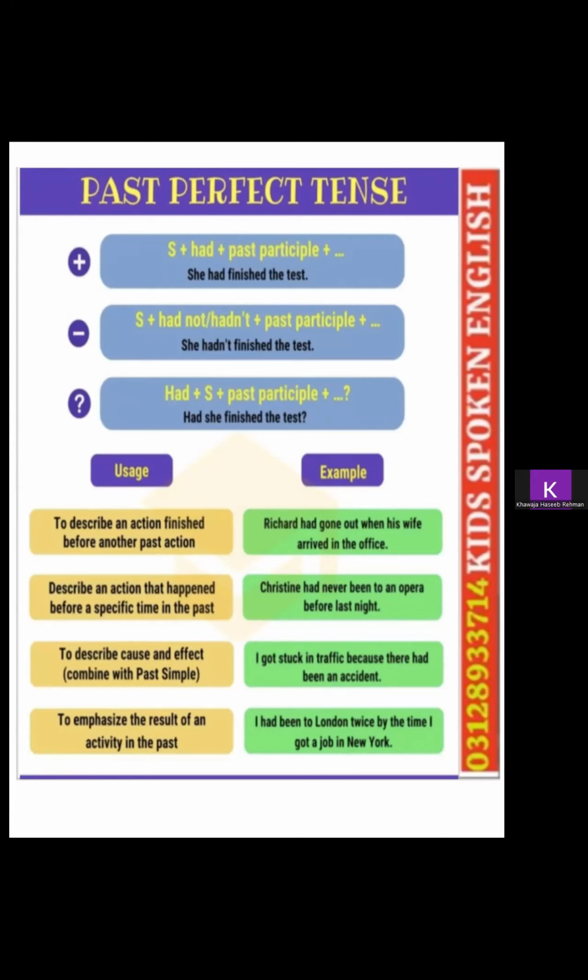Had. So इसलिए हम इसको had use करेंगे past perfect में. Okay, it's a helping verb. Christine had never been to an opera. Been means bean का मैंने आपको डिफरेंस बताया था. गॉन एंड बीन का डिफरेंस आपको याद है?